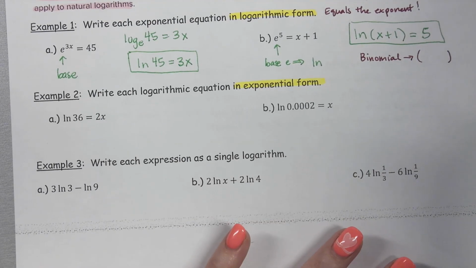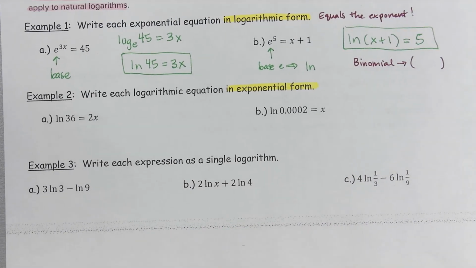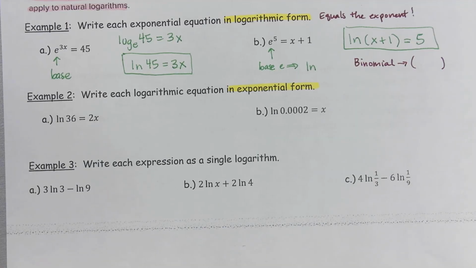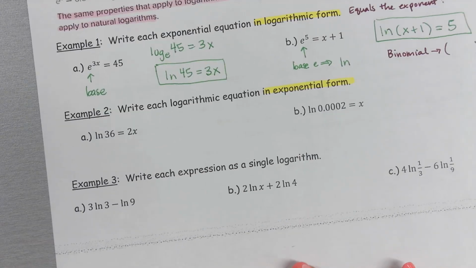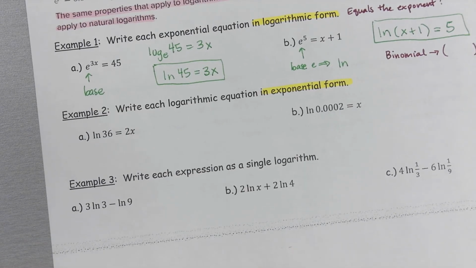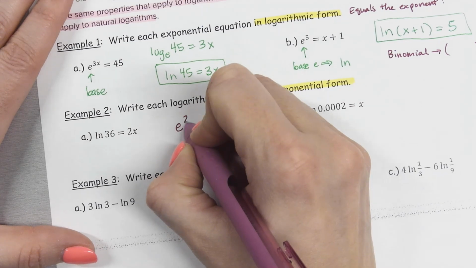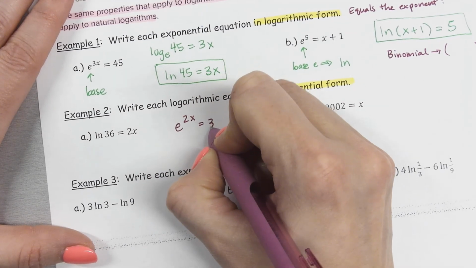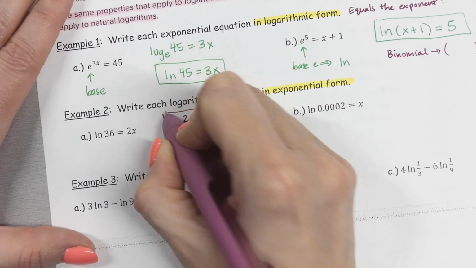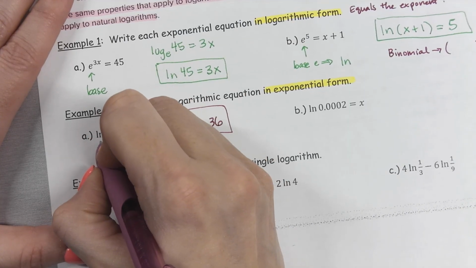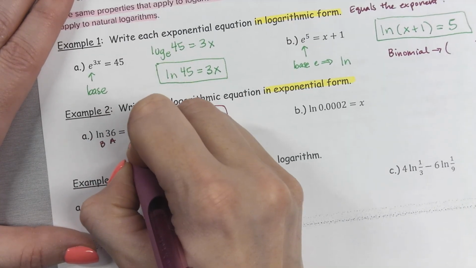Do you need another couple seconds to try example 2, or are we ready? Ready to go? All right, Jack, what'd you get for A? What'd you try? Yep, e to the power of 2x is equal to 36. So then your base, your answer, your exponent.